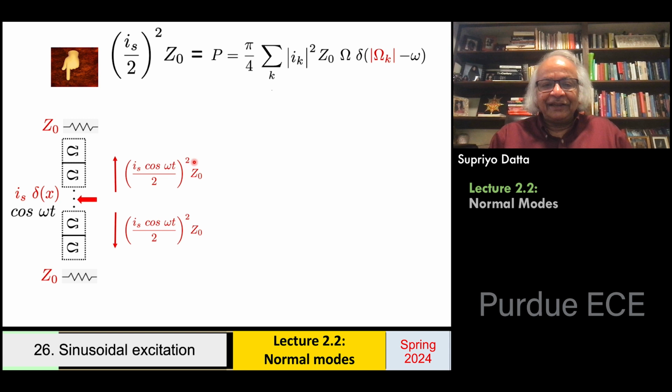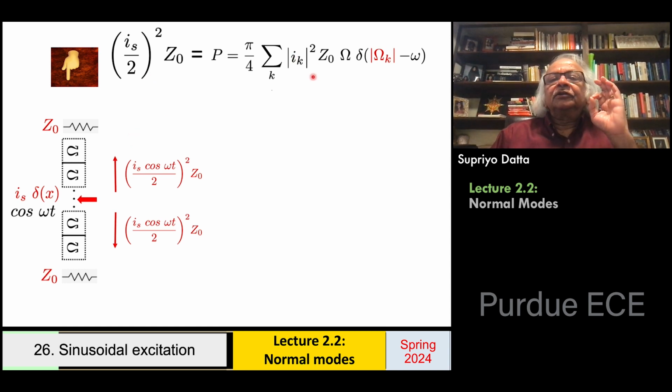So you take that Is square Z0 and an equal amount is dissipated on the other side. And then there's a cosine omega t. So when you square it and time average it, you get a factor of half. But then there's 2 of them. So the half and the 2 cancel. So finally you get Is over 2 squared Z0. So you could have seen this answer from more elementary arguments.